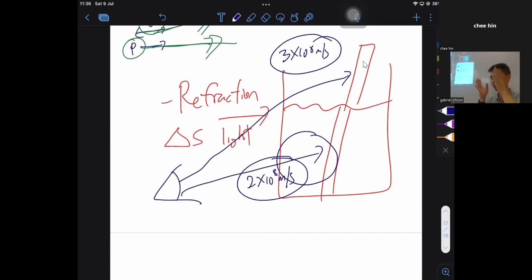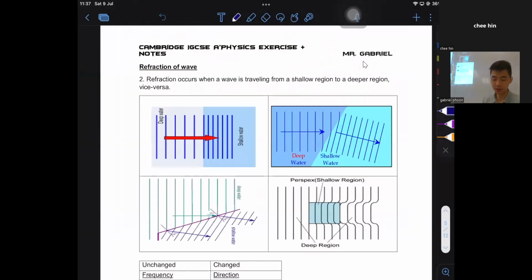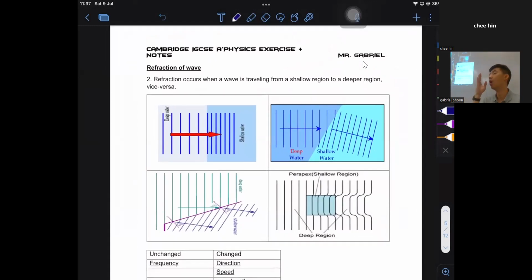Why this occurs is because there is a change in speed of light, which is also refraction, guys. So if you know what refraction is, in your syllabus, they'll ask you something like this: when water waves travel from a deep region to a shallow region, because there is a change in speed of the wave, there will be refraction occurring.